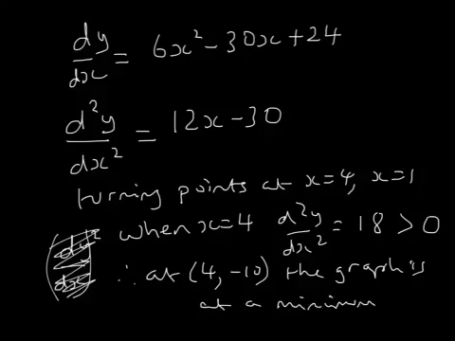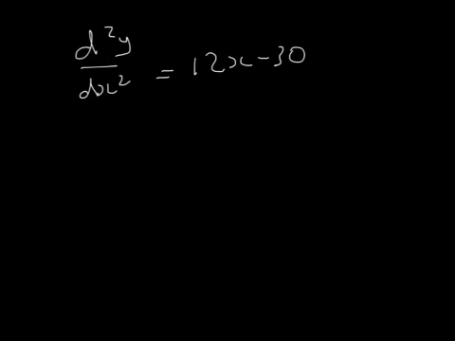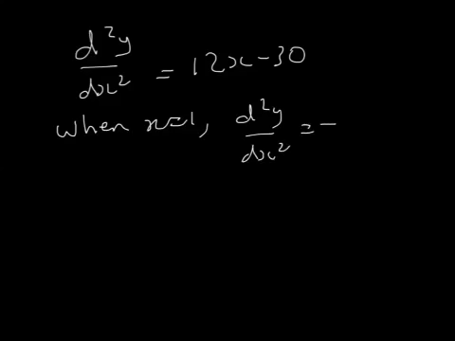Then we need to do the same for x equals 1. So when x equals 1, d2y by dx squared is 12 minus 30, that's minus 18, which is negative.